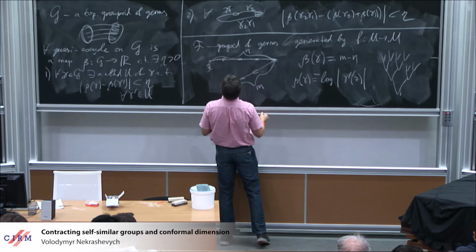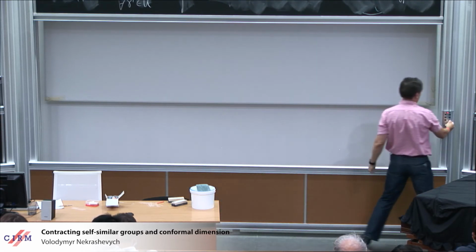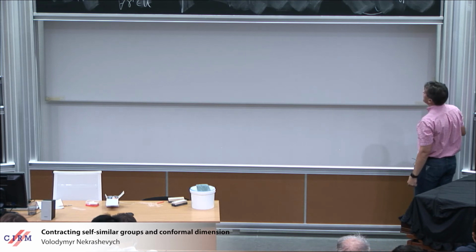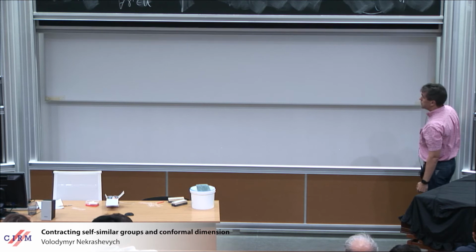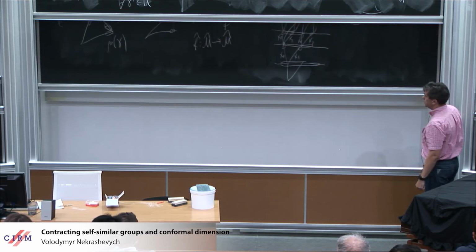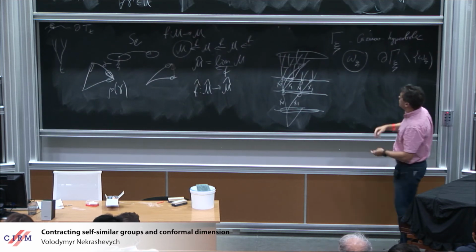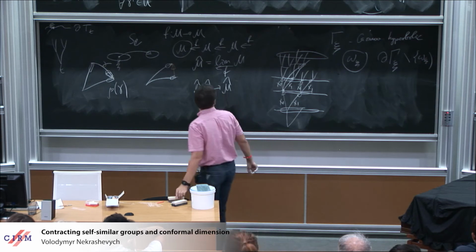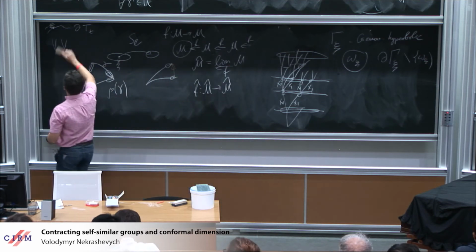Okay, unfortunately, I don't have time to say all that I wanted to say. So let me finish now by formulating some statements, and that will be it. So the point is that these two pictures are dual to each other, this groupoid and this groupoid.